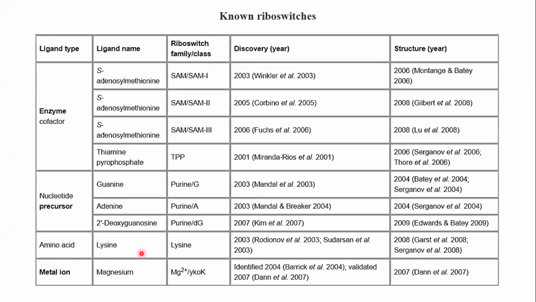There are other riboswitches also for amino acids. And then metal ion, this is magnesium. So these are some of the known riboswitches. There are other riboswitches also found in prokaryotes. The rest of these are in prokaryotes, only TPP is in eukaryotes.